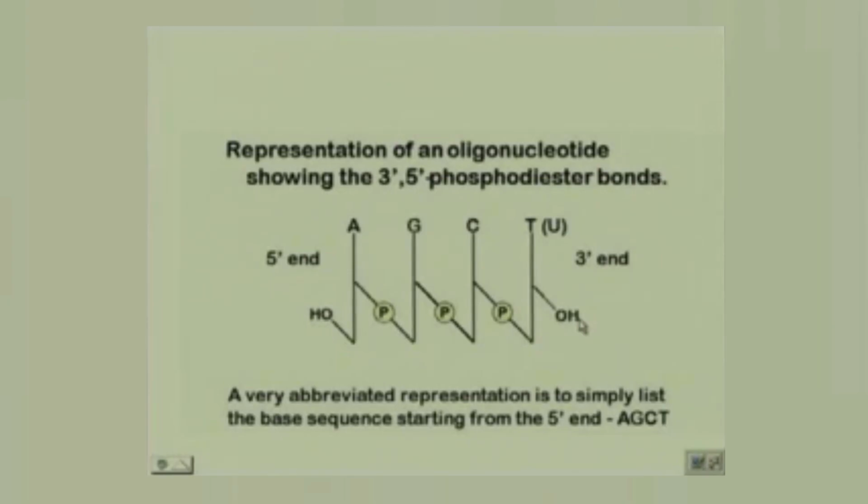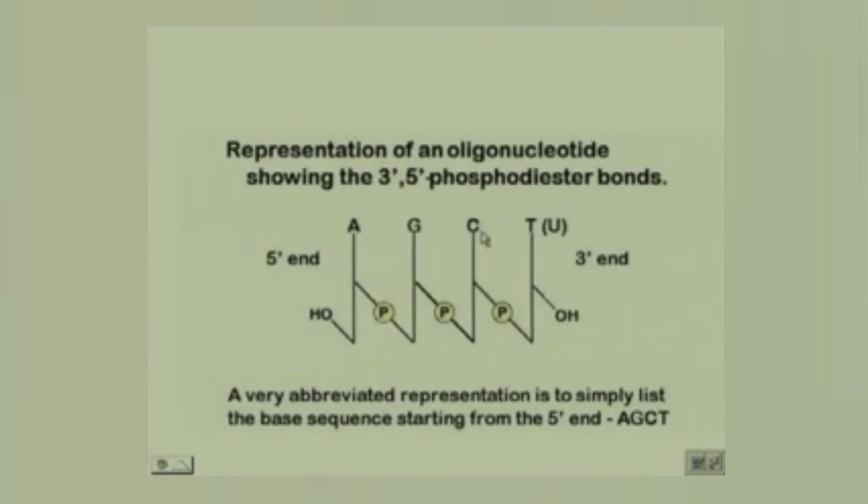You had the amino terminal and you had the C terminal. Here you have what is called a 5' end and a 3' end. Now usually you know that you have a sugar and you know that you have a phosphate. So even though this is a certain representation that is easier to understand how the cleavage actually occurs, you usually do not even write this.